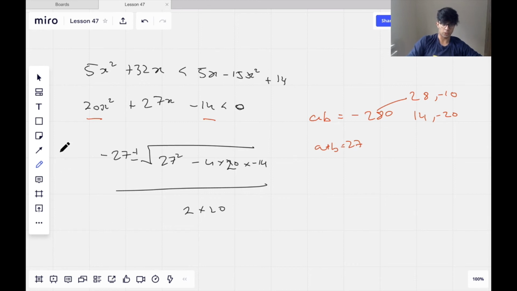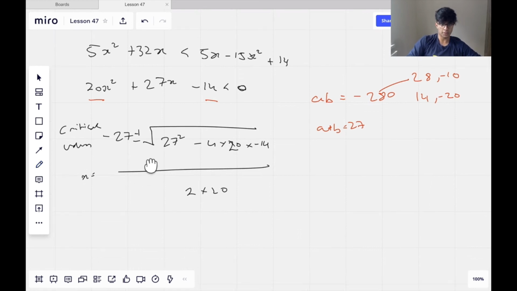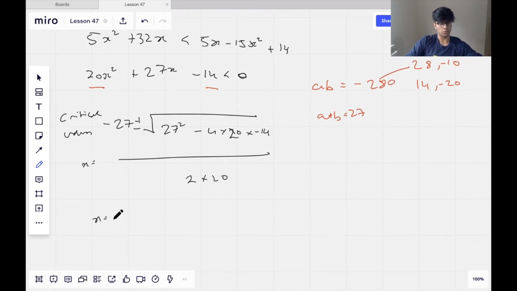So we say critical values, x is equal to, and if we get our calculator out, it's easier if you evaluate the square root first. Root of 27 squared minus 4 times 20 times minus 14 comes out to 43. So we have minus 27 plus or minus 43 all over 40.